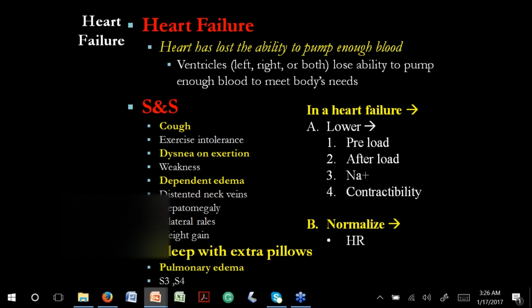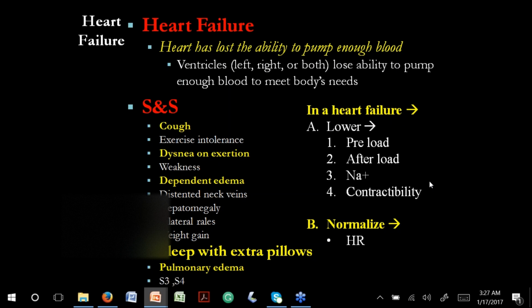So we need medication that is going to strengthen the contractility of the muscle. In this case, we are going to decrease the preload and decrease the afterload. Of course, you're going to decrease the sodium in the diet, and the contractility diminishes, which is mostly related to the afterload.